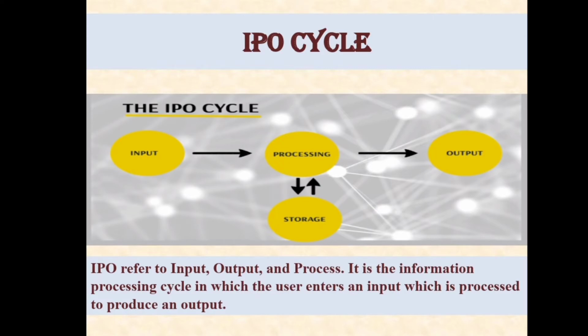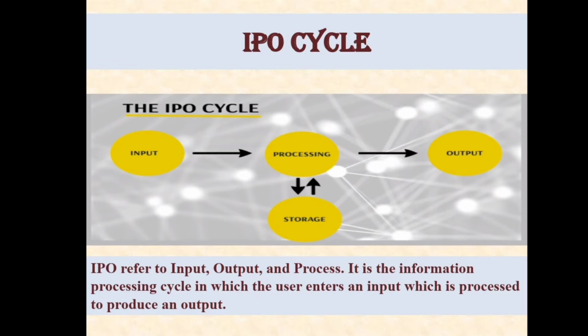What is IPO cycle? IPO stands for input process output. Okay? If I talk about the definition, here it is. IPO refers to input, process and output. It is the information processing cycle in which the user enters an input which is processed to produce an output.